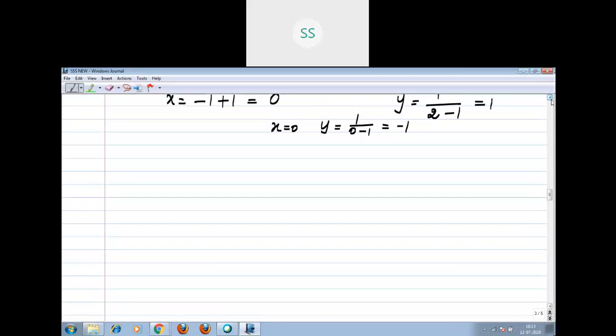Now, what they are asking in the question: find the equation of the tangent. So, what are the points you found?